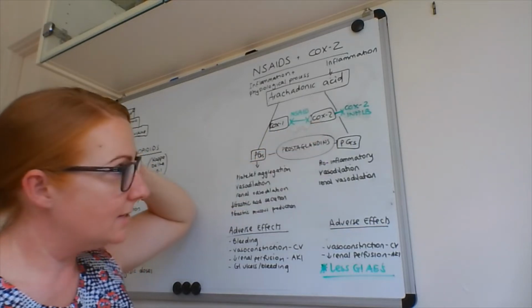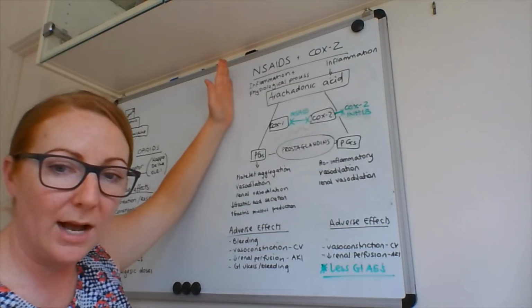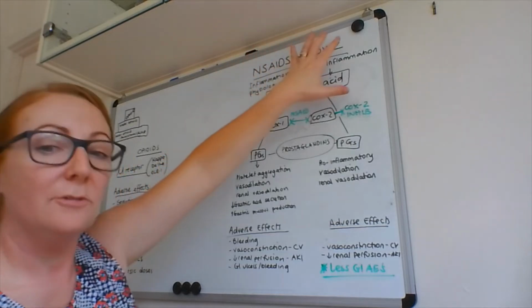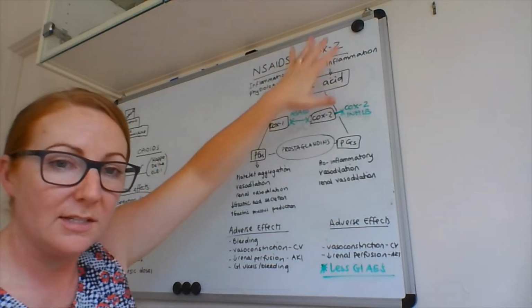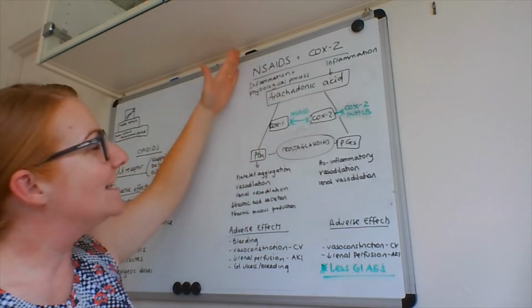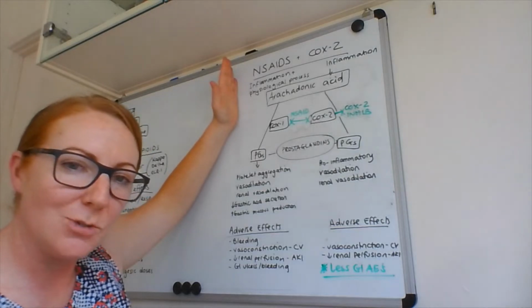The process via which COX-1 and COX-2 are activated is primarily inflammation, particularly for COX-2. It's inflammation that sets this pathway afloat. And for COX-1, it's inflammation, but it's also other physiological processes too.